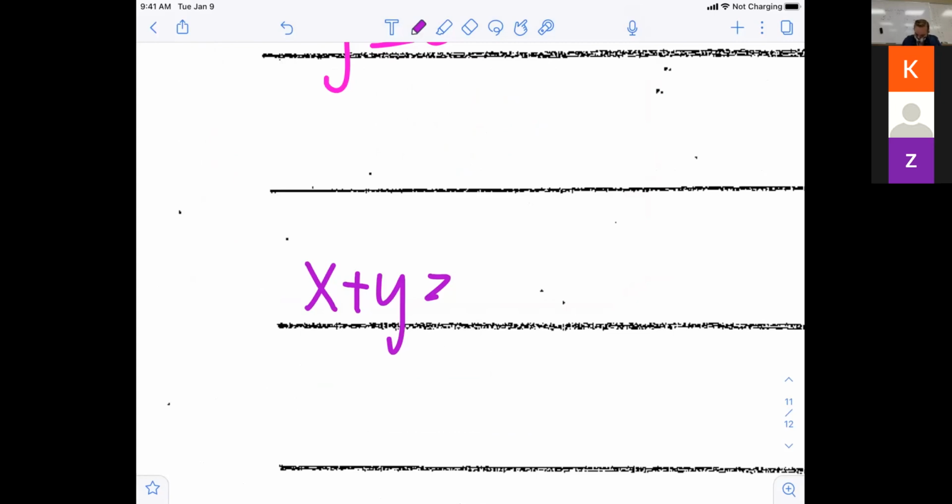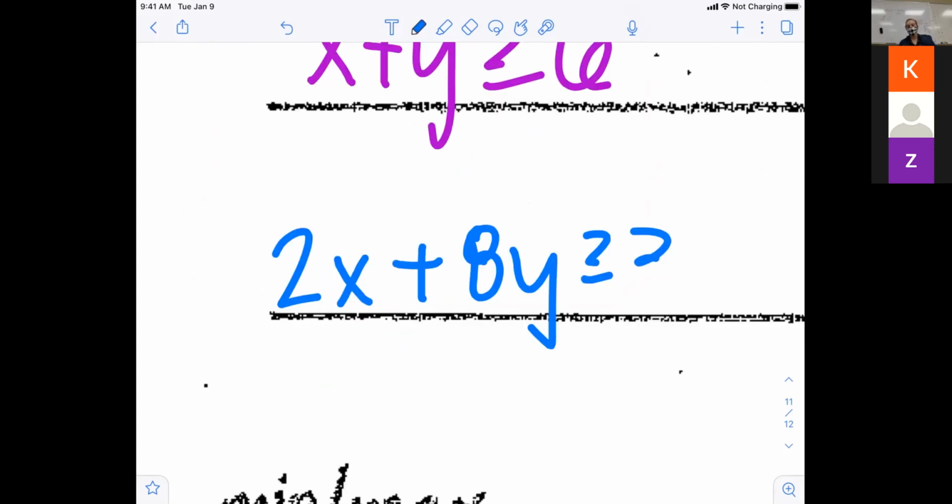And then the high one I'm going to do in blue. And I want 2x plus 8y is greater than or equal to 30. All right. Everyone good with those equations?